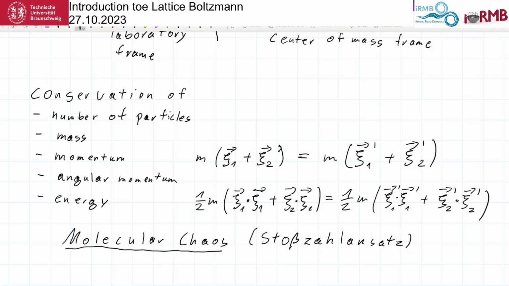And by just counting them, we completely get rid of an accurate description of forces. We don't care whether they are van der Waals forces, other forces, or how these forces actually look. We only count the number of interactions.